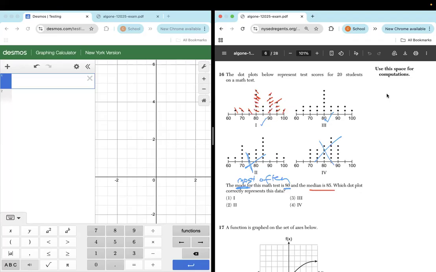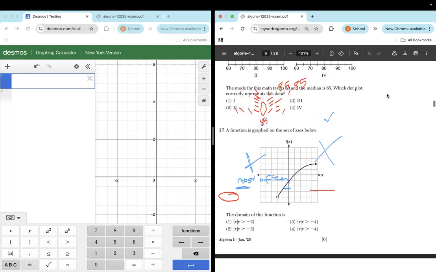So I do end up with 2 numbers in the middle, but this is exactly between 80 and 90, so these 2 dots represent 85s. So if I have 2 numbers that are in the middle, but they're both 85, the median is 85. So it is going to be choice 1. Median is 85 and the mode is 80. So it's choice 1.